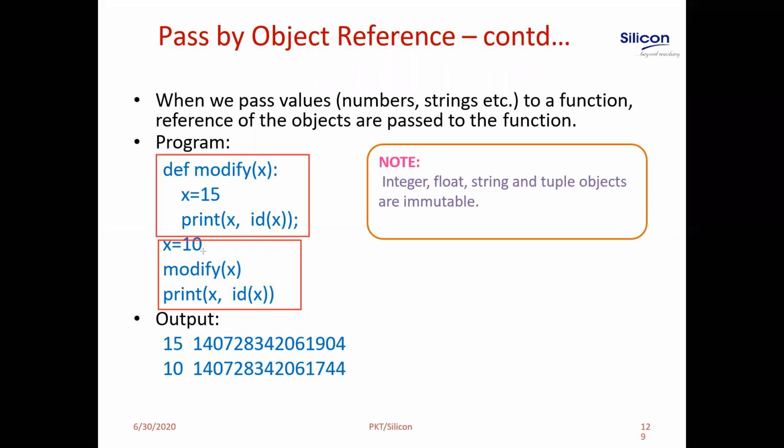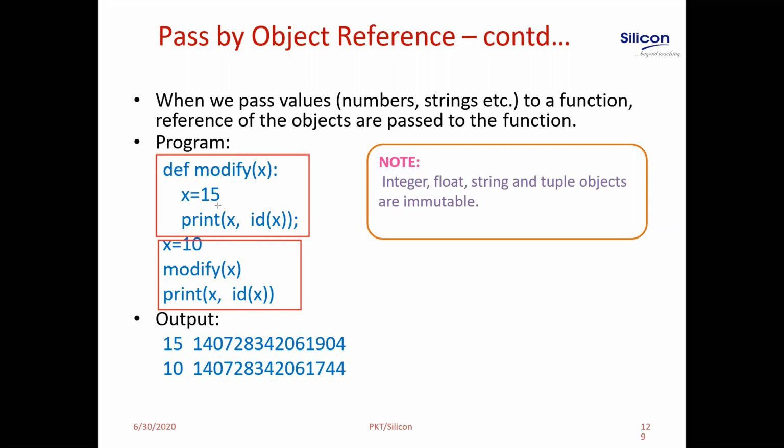Suppose x equals 10 is initialized. Modify of x means we are passing this 10 by calling the modify function.